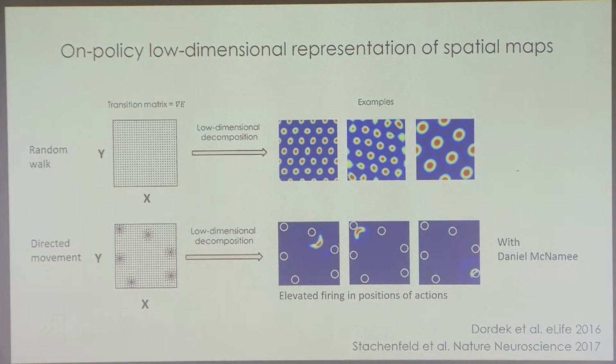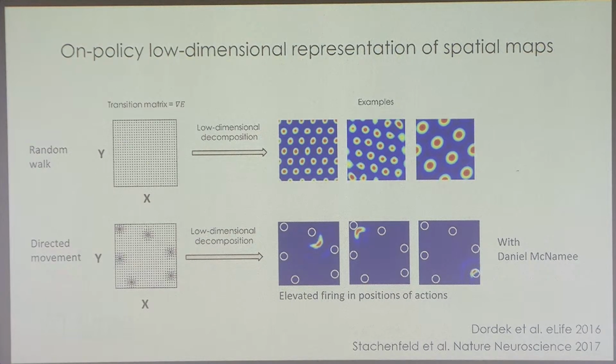Kim Stachenfeld and others' previous works suggested that grid cells may serve as a low-dimensional decomposition of spatial maps, hippocampal spatial maps under random walk.